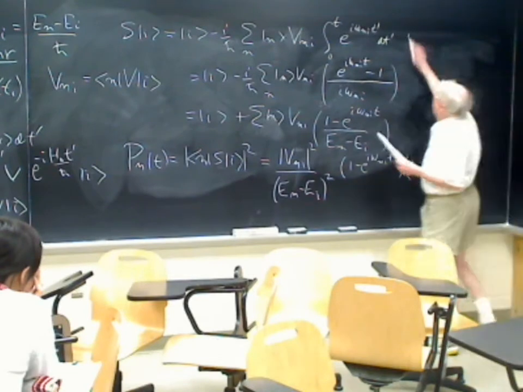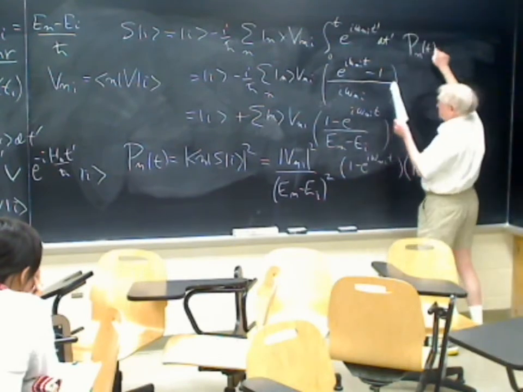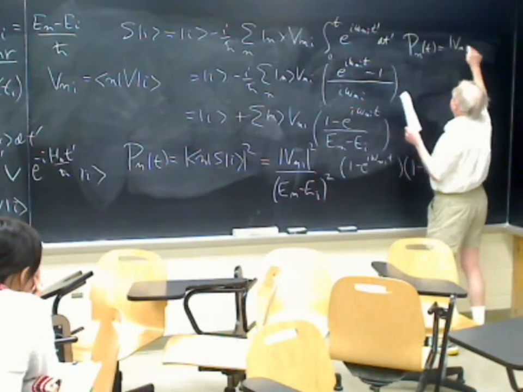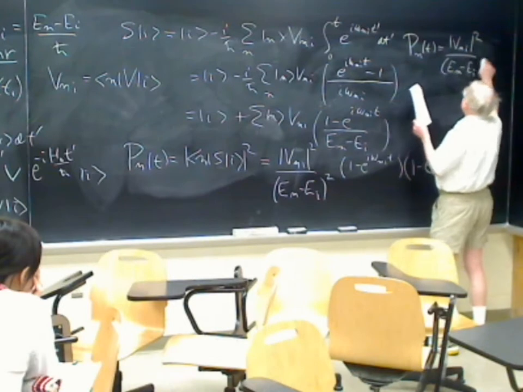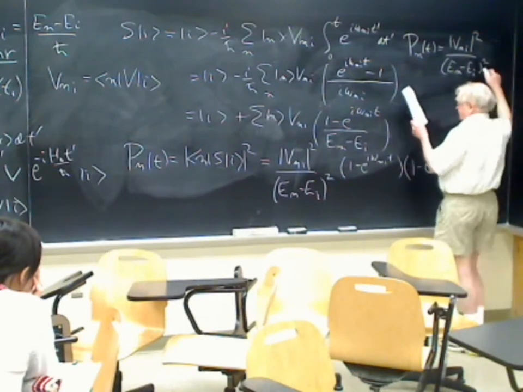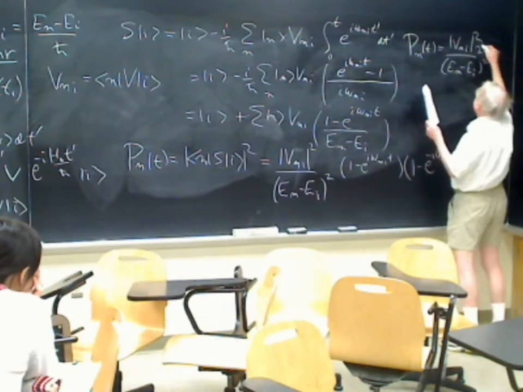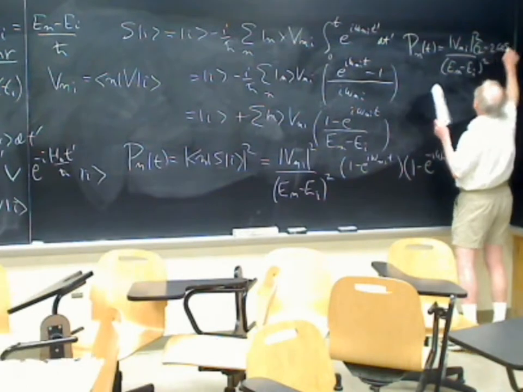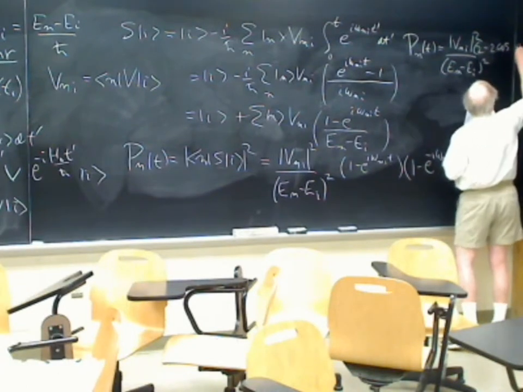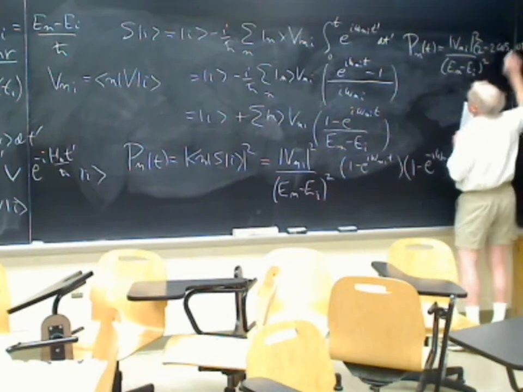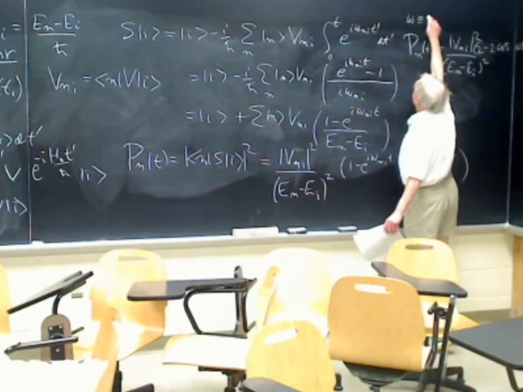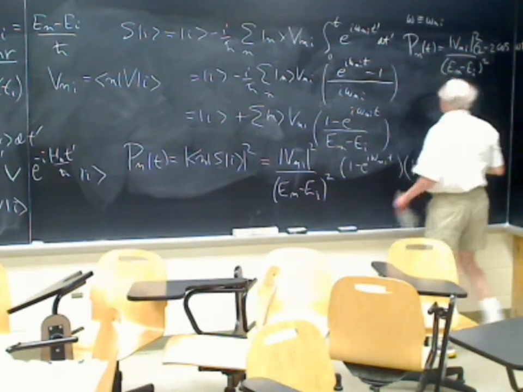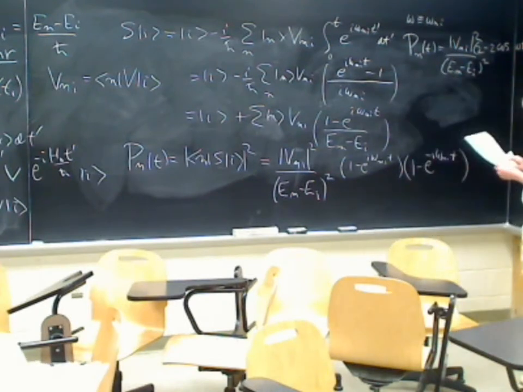And we can rewrite that as P_n of t is V_ni squared over the energy difference squared times 2 minus 2 cosine omega t. Let me just use omega for omega_ni, okay.